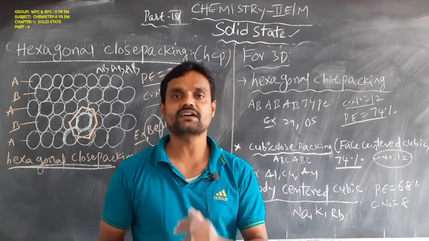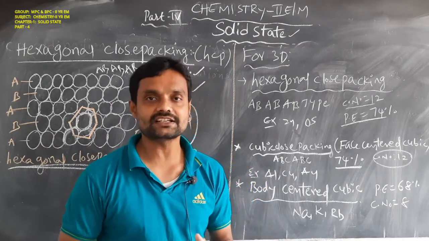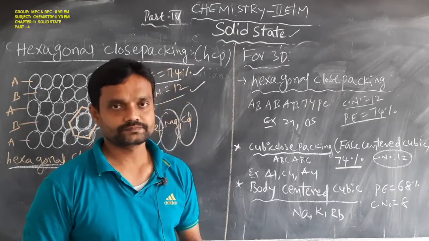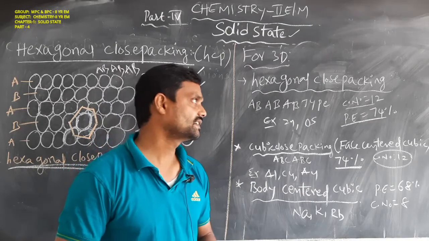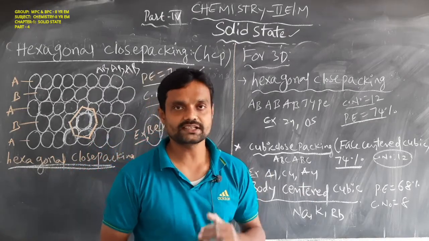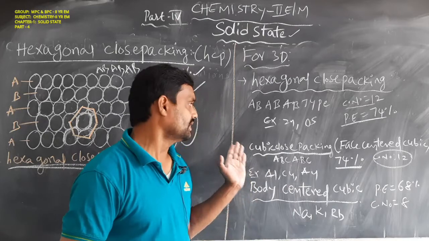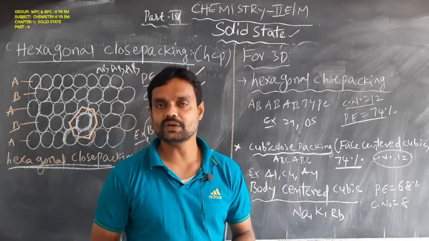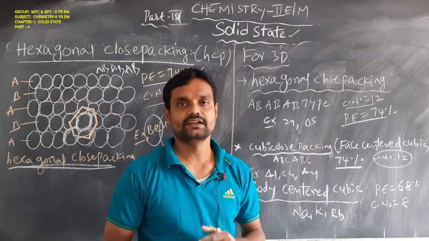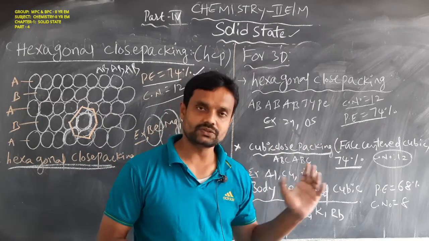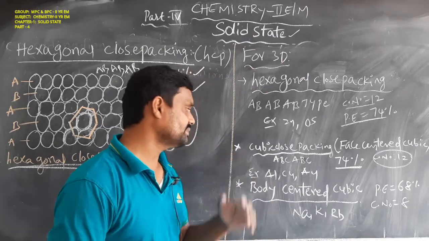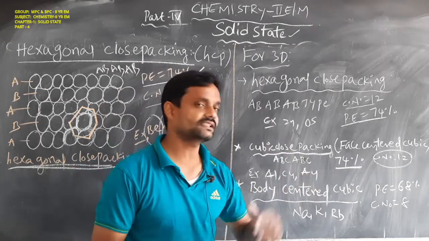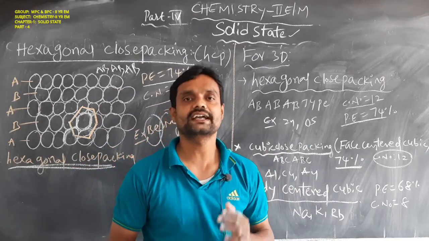In hexagonal close packing, the packing efficiency is 74% and the coordination number is 12. In cubic close packing or face-centered cubic close packing, the packing efficiency is how much? 74%, coordination number 12. And in the third arrangement, body-centered cubic, the packing efficiency is 68% and the coordination number is 8.